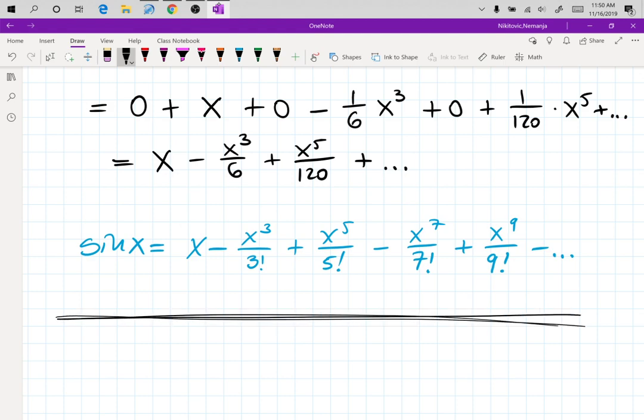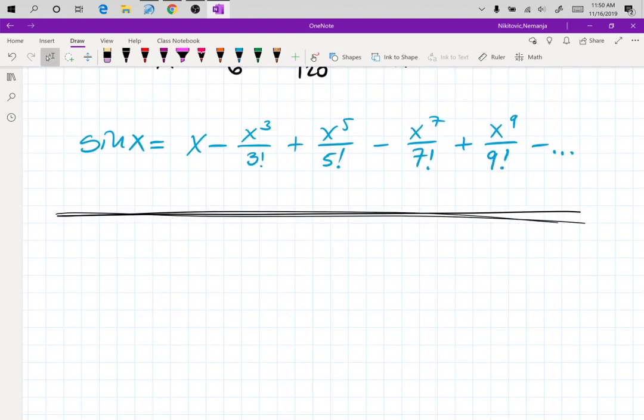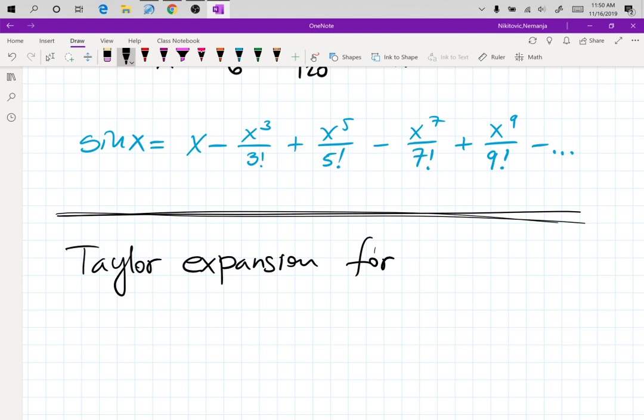So now we actually have a list of power series somewhere in this book that are going to tell you the power series for this, power series for that, and so on. So now I would like to challenge you for about 10 seconds to come up with what we call the Taylor expansion for e to the x about 0.